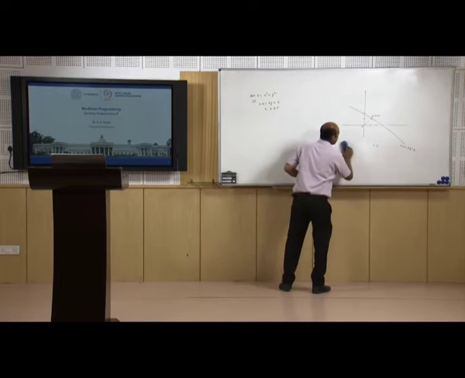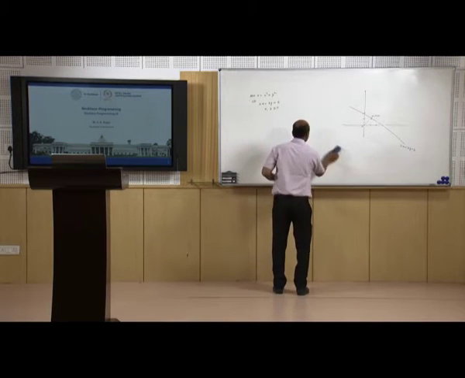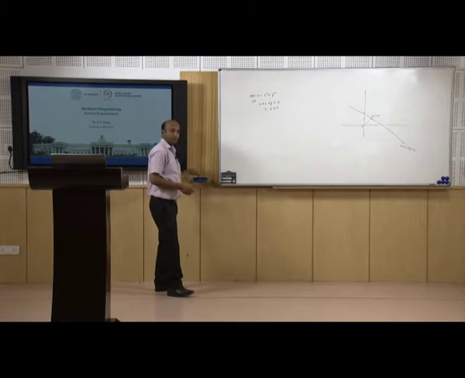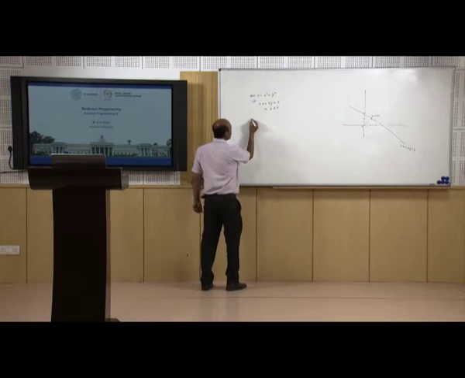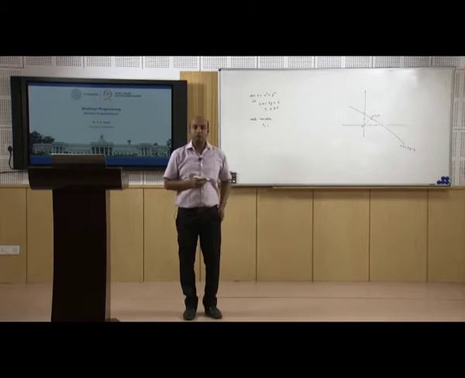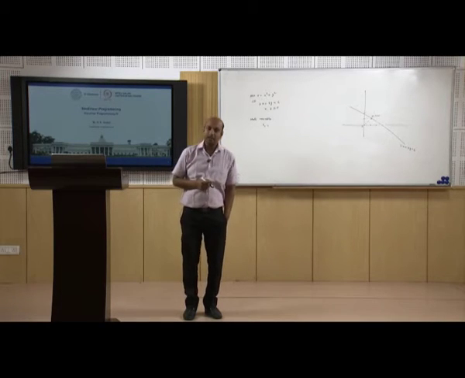Now, how can we solve this problem using dynamic programming? Again, we first define state variables. Only two variables are here, x and y. So, we will have two stages, k2 and k1.